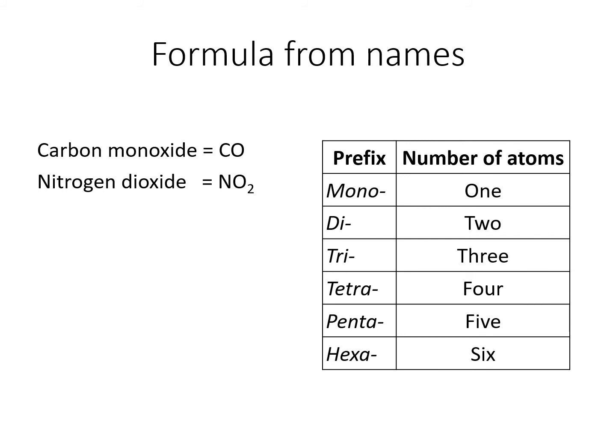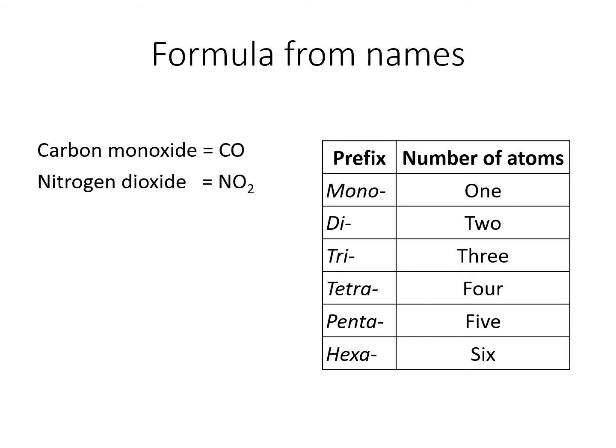So in the example of carbon monoxide, there's nothing in front of the carbon, there's no prefix there. Well, if there's no prefix, then that tells us we've just got one of that chemical. So therefore we have one carbon in a molecule of carbon monoxide. The oxide refers to oxygen, and the mon, if we were to look at that table, means 1, therefore we have 1 oxygen.